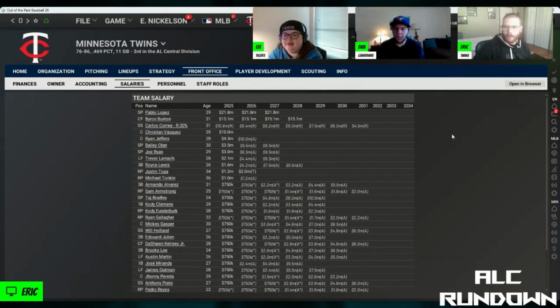I thought Buxton was getting more, to be honest. Nope, he signed this right after the last time the Twins had a blow up at the trade deadline. He signed a 7-year extension in the offseason of 2022, and he'd obviously been very injured. So they basically took the percentage of games he had been playing, took his value of a season of those games, and then figured out a salary from there.